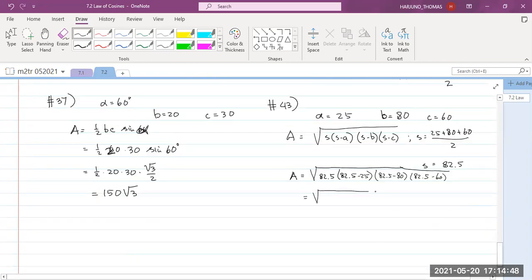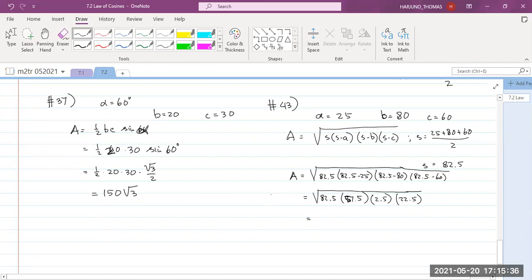That's the square root of 82.5 times 57.5 times 2.5 times 22.5. I use my calculator to compute, and then do the square root.